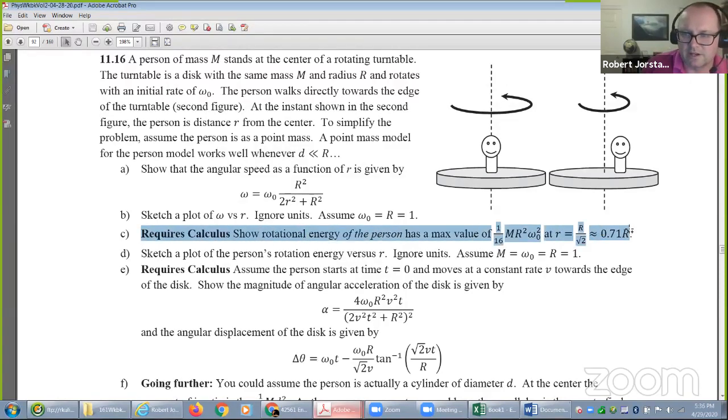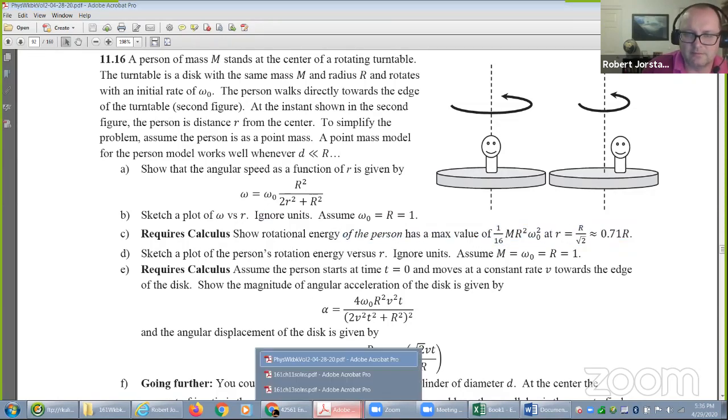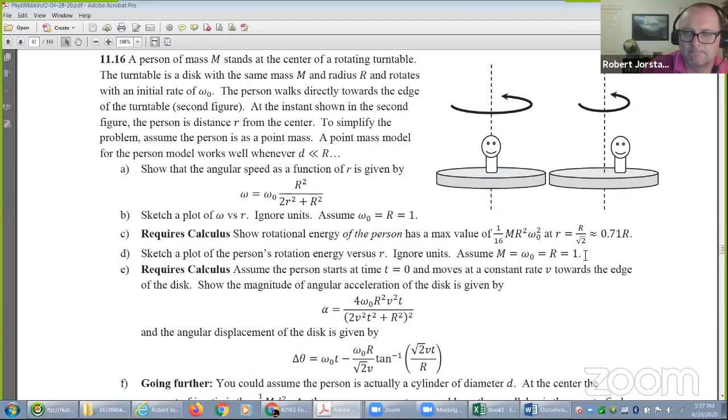Now look at this one carefully. The rotational energy of the person has a max value of this. All right, try and do this one. Let's take a look at it. Oh, go ahead. Ask your question there. I hear someone. I'm going to resist the urge to give it to you.